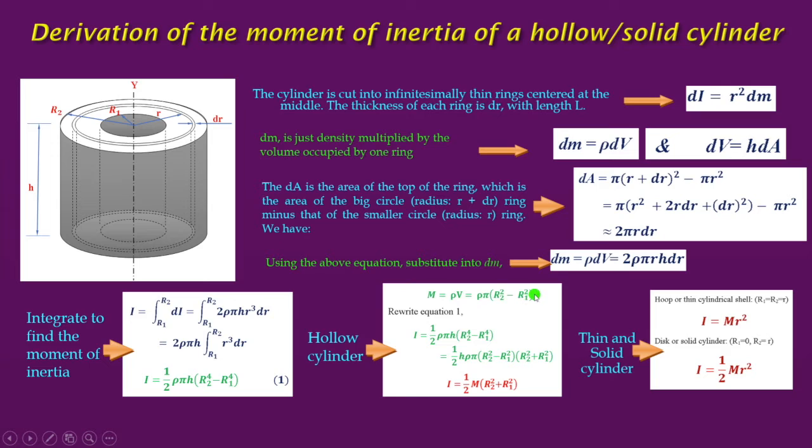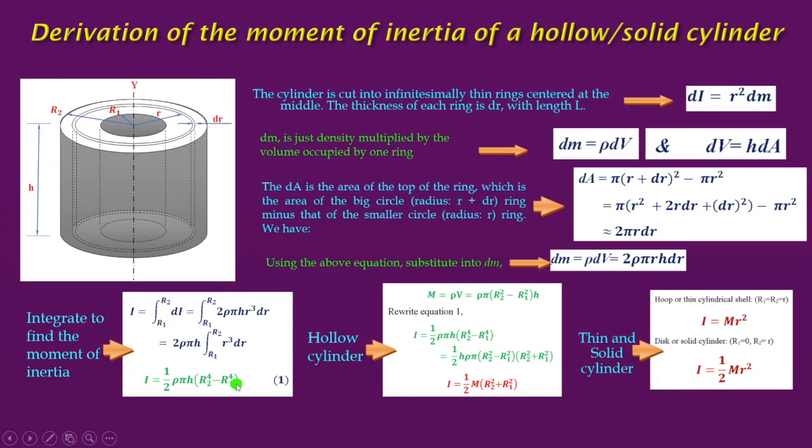You know pi r square h is the formula of the volume of a cylinder. So it is the outer cylinder, pi r2 square h, and this is the inner volume, the hollow part. So subtract this part, so you are getting this volume into density. So capital M equals this.